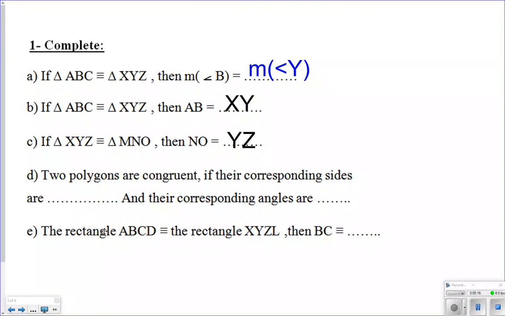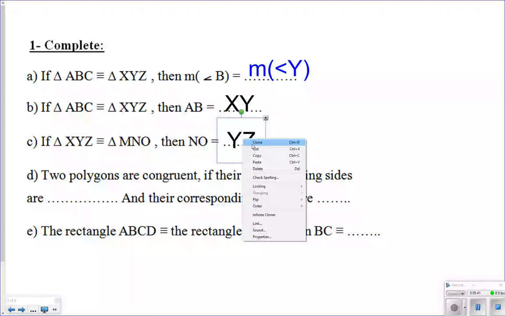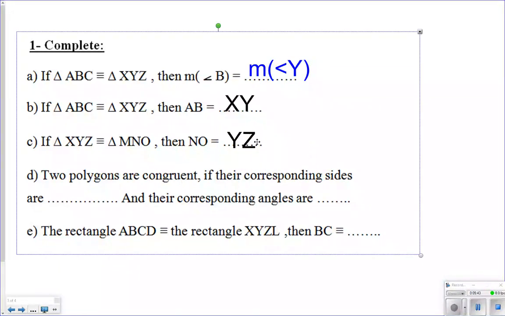Question E. The rectangle ABCD is congruent to the rectangle XYZL. Then BC congruent to what? B and C, second letter and third letter, will be congruent to the second letter and third letter from here, which are YZ.